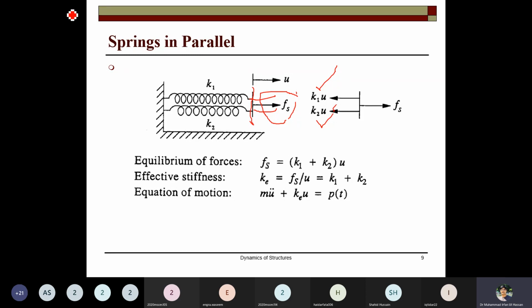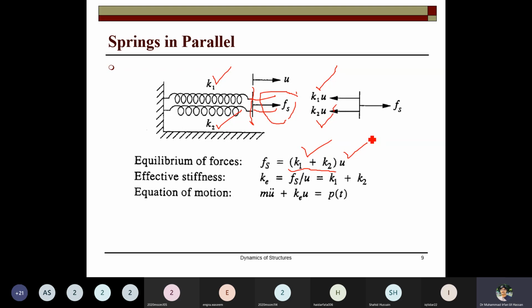It is the sum of that, because the equivalent stiffness is K1 plus K2. This is the equivalent stiffness, multiplied by the u value, because this is a displacement. So that will give you the spring force.